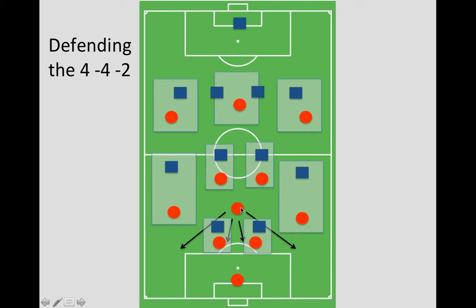Also available is for him to rotate into this, like we just mentioned a moment ago, if the outside back is having trouble because it creates too much of a spatial gap to attack into. So can this man rotate over, and then we can rotate and drop in around him. So these guys have to be very smart, read the play dynamically, and allow each other a lot of communication with each other. So this is defending in a 4-4-2.